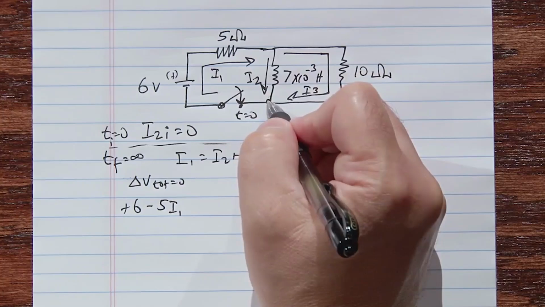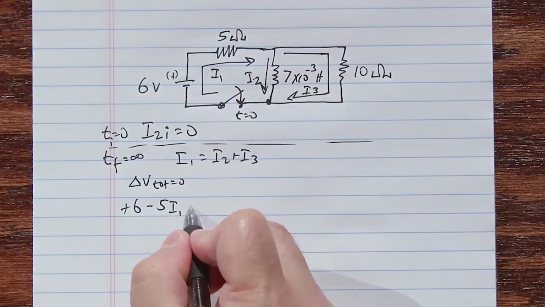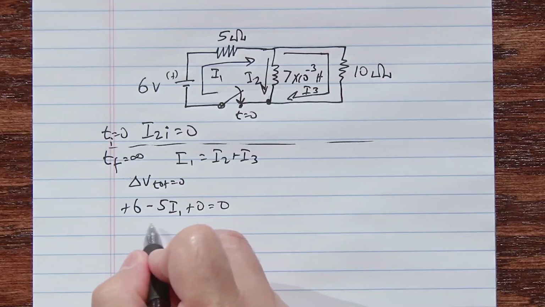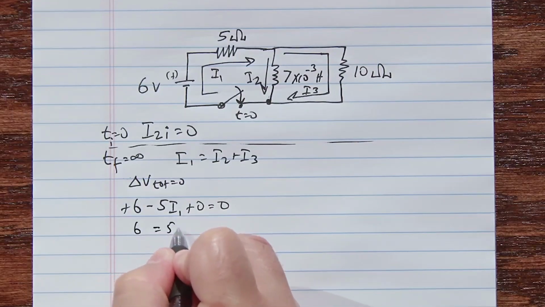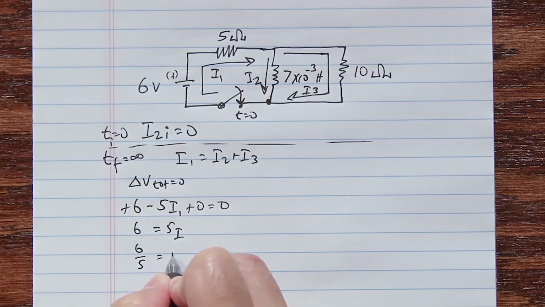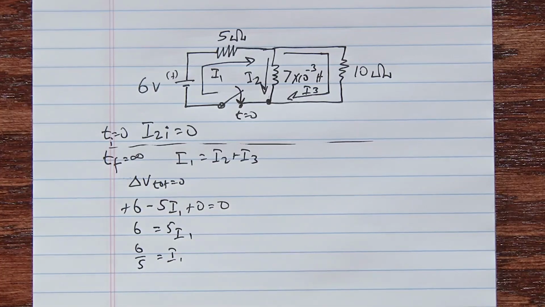So there's no voltage change here, so we're back to where we started. Plus 0, and that equals 0. So 6 is equal to 5 I1, or 6 over 5 is equal to I1, which is 1.2 amperes.